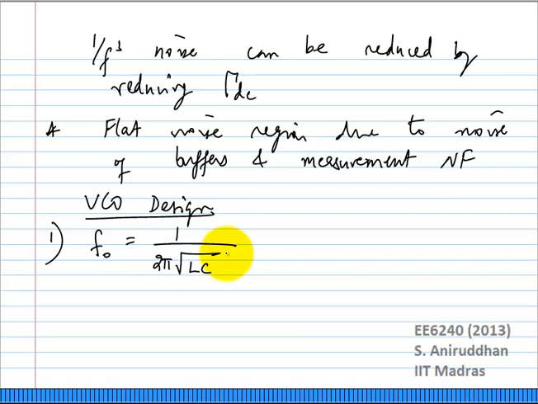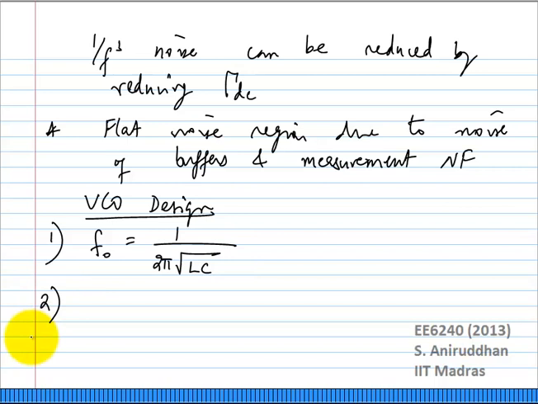Correct, but that's a fairly wide range, right? You can realize anywhere from 100 picofarad to maybe 4 or 5 picofarad, and 100 picohenry to 4 or 5 nanohenries. So where would you start? I mean, that's a fairly large range. So the amplitude required. Okay, very good. So you know that, looking at it from a different way.